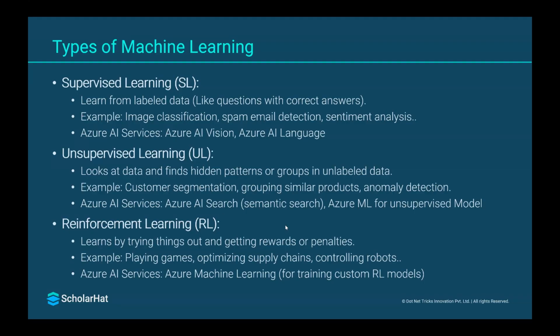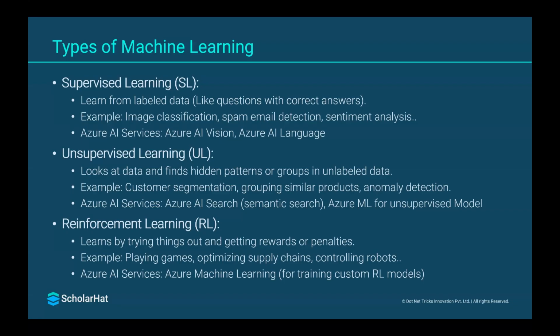The third category is reinforcement learning. In reinforcement learning, the machine learning model trains itself by giving itself rewards and penalties. Just take an example. You're going to train a model on a game.